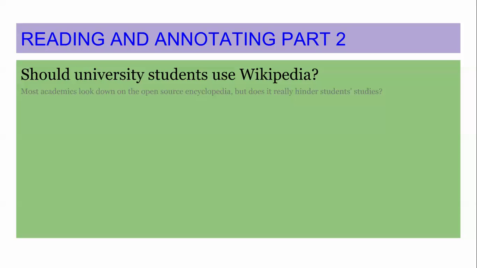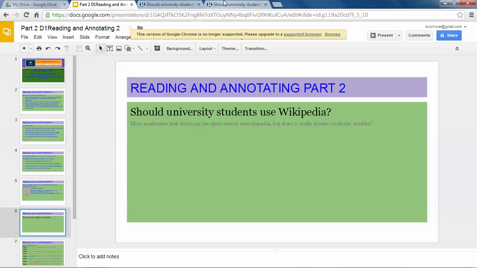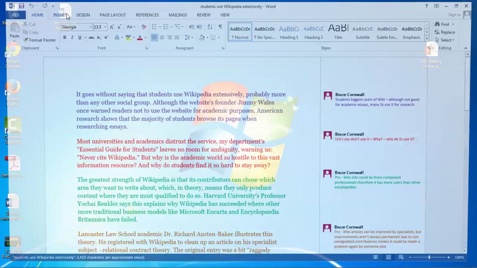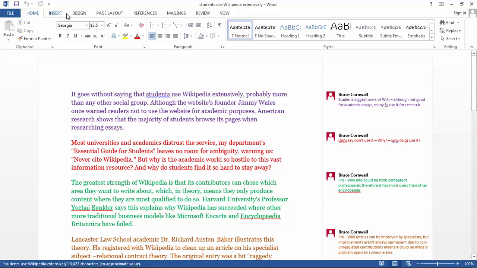Now we're actually going to start to annotate the article, and it's just going to take a second as I work with this technology. I'm going to go to the article, which I've put into a Word document, and we're going to start annotating.